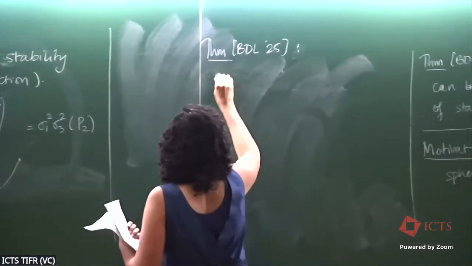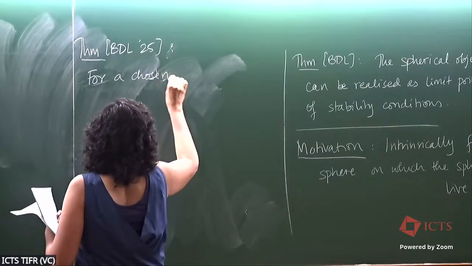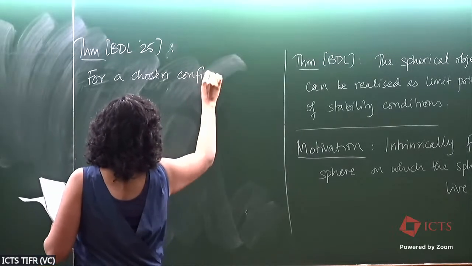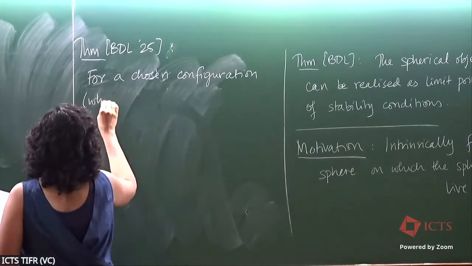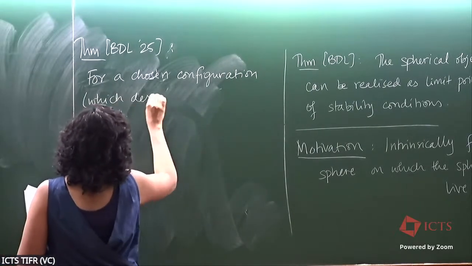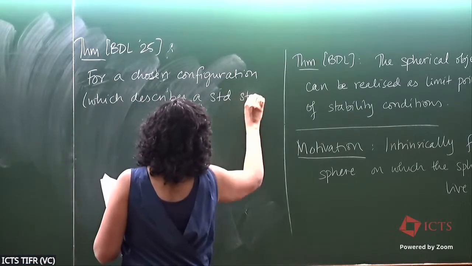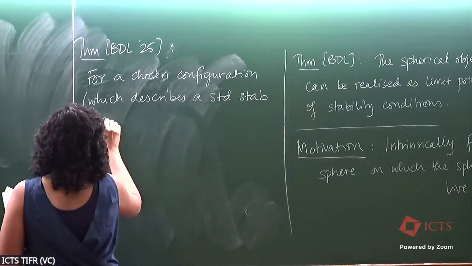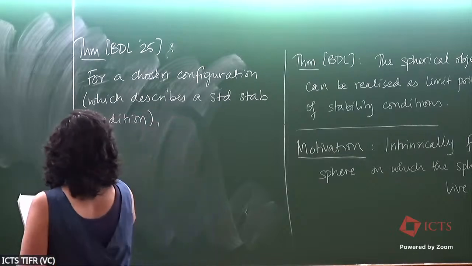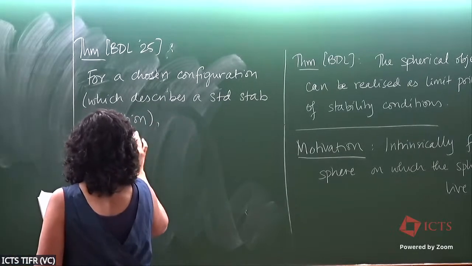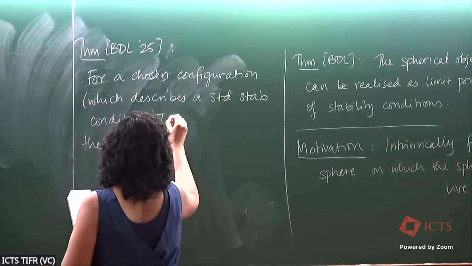So for a chosen configuration, which describes a standard stability condition, the stable objects, let's say, I'll call this stability condition tau.